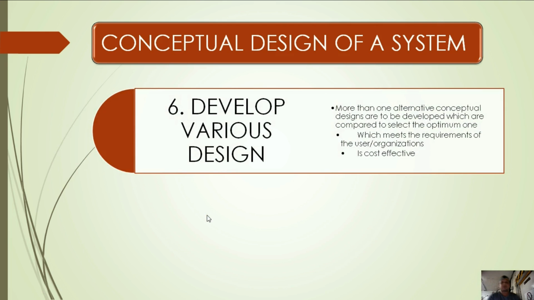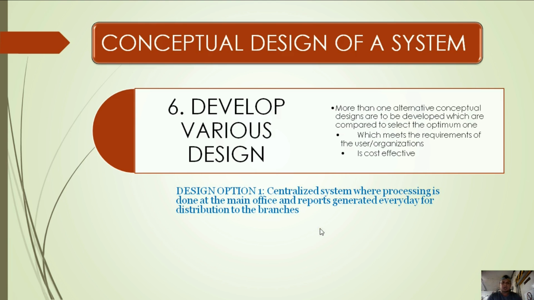Next is to develop various designs. More than one alternative conceptual design is to be developed, and these are compared to select the optimum one, which meets the requirements of the user or organization, and it should be cost effective. So in the same example, we have three options.